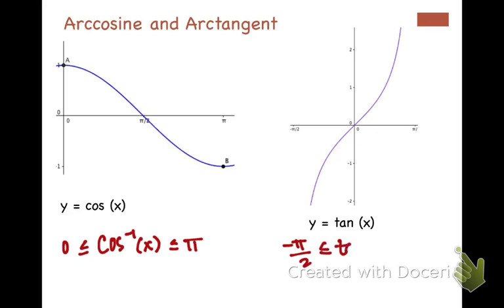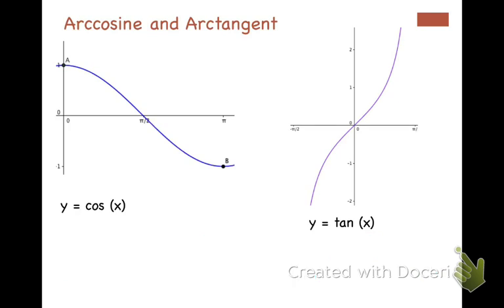So if we were to rewrite these in our angle values, that 0 to pi would be from 0 to 180. And then -pi/2 is -90 to +pi/2, +90.